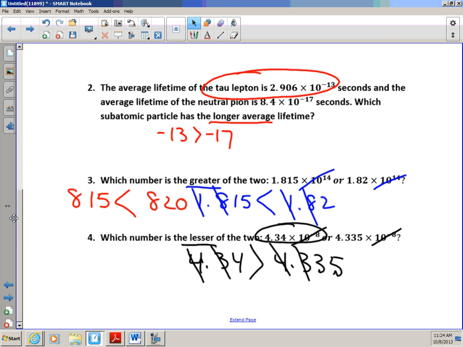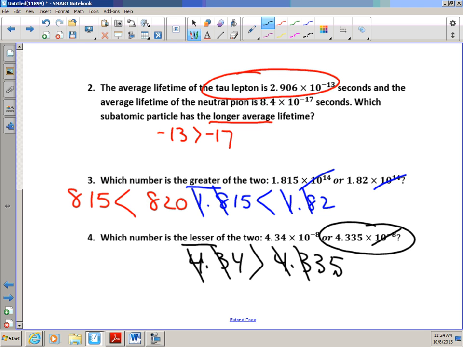I'm sorry, I apologize. Hopefully everybody's jumping up and down right now, yelling, wait a second, you said 4.34 is greater, so then which one is lesser? This one here. Sorry for that.